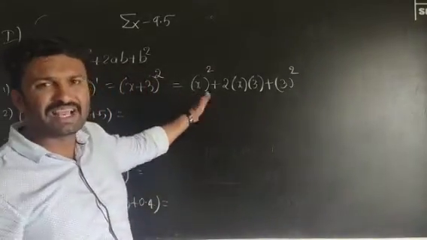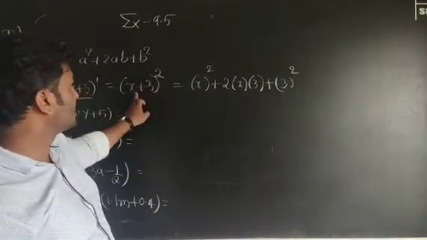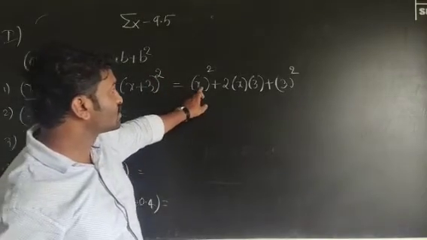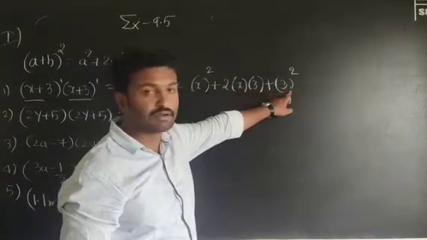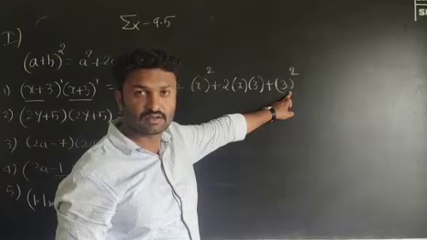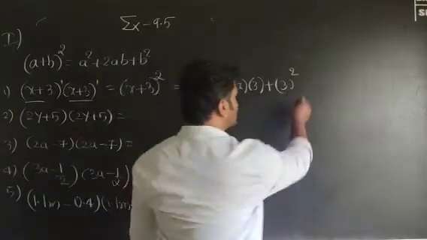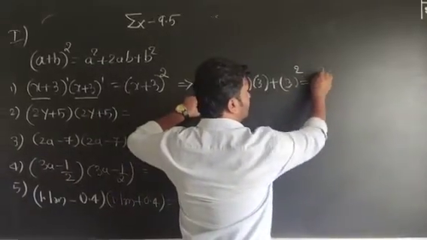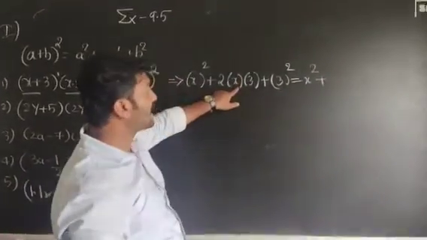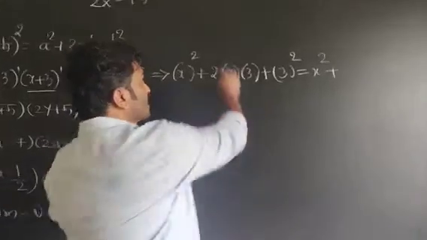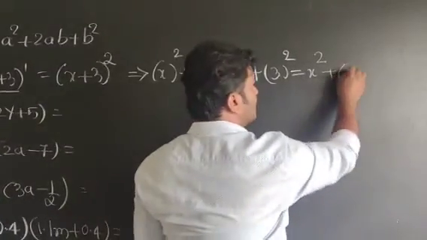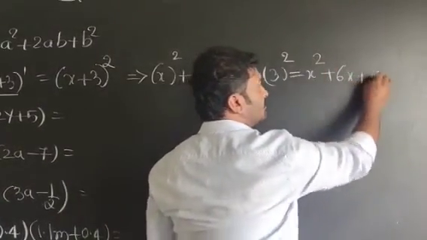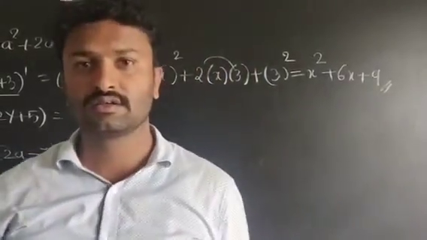Just apply the identity for this (a plus b) whole square. (x plus 3) whole square means x square plus 2ab plus b square. Now simplify this one. x square plus 2 into x into 3, 2 threes are 6, 6x, plus 3 square is 9. This is the answer.